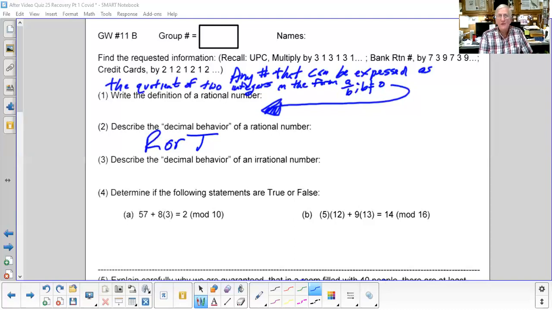Describe the decimal behavior of an irrational number. They don't repeat, they don't terminate.